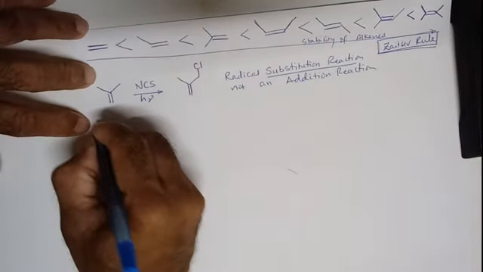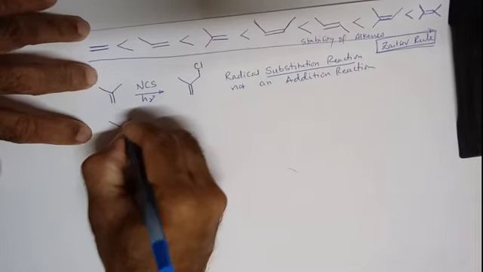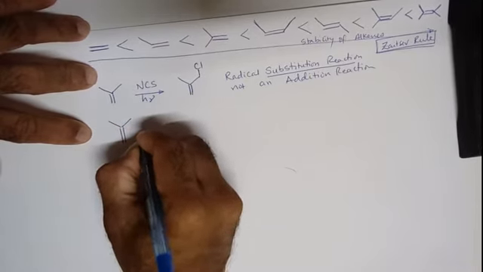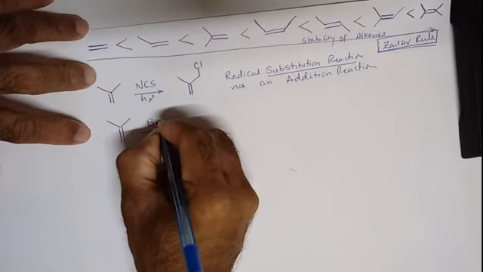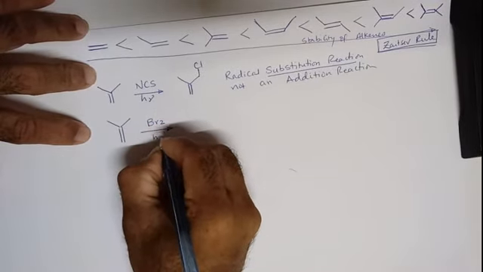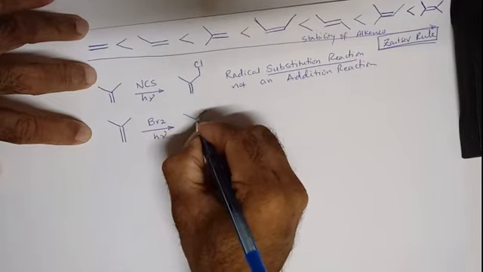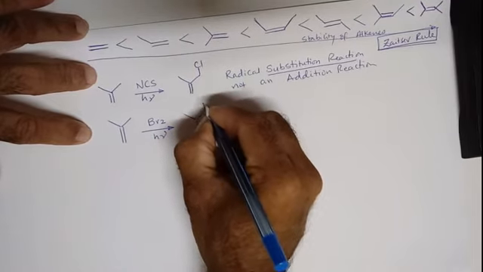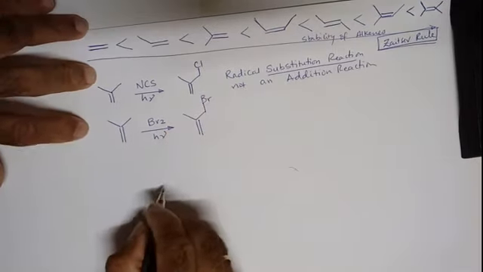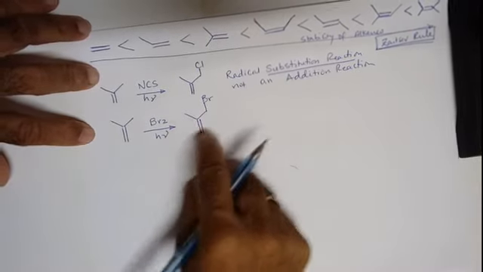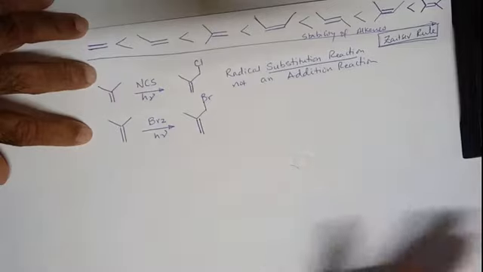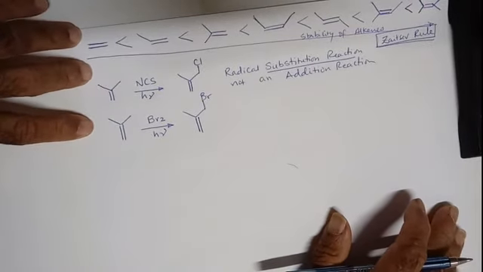Okay. Now, keep in mind, we could do the same thing if you use Br2, H nu, we will also get this. Okay. In this case, I did not show you the choices because both of them are going to be primary, so we didn't have to fuss over it. Okay.